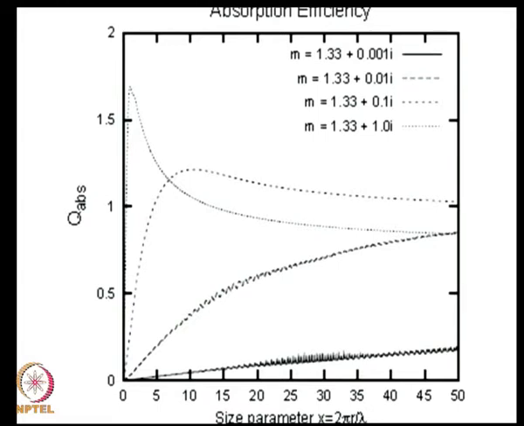You can see that as we vary the imaginary component of the refractive index, water has a refractive index of 1.33, you take the imaginary component and vary it, you can see that in a highly absorbing liquid droplet, the absorption efficiency initially rises with the size, but finally it plateaus to a value around 1.2.